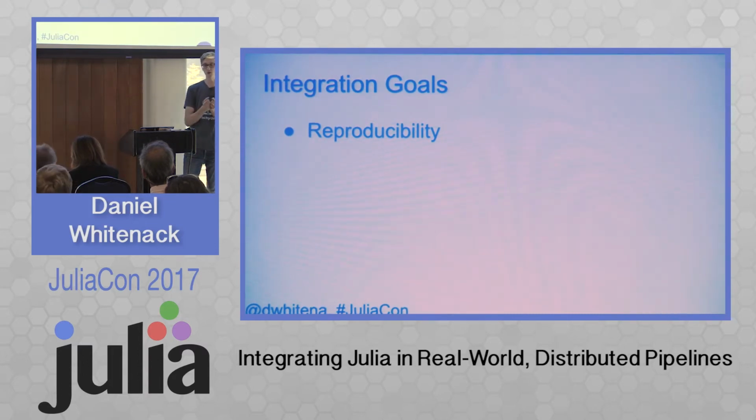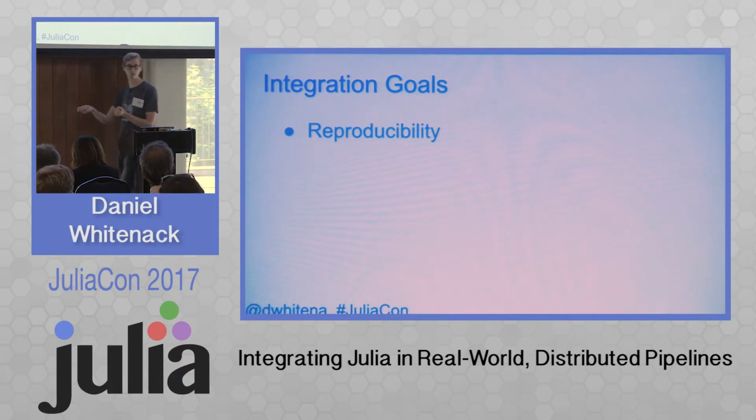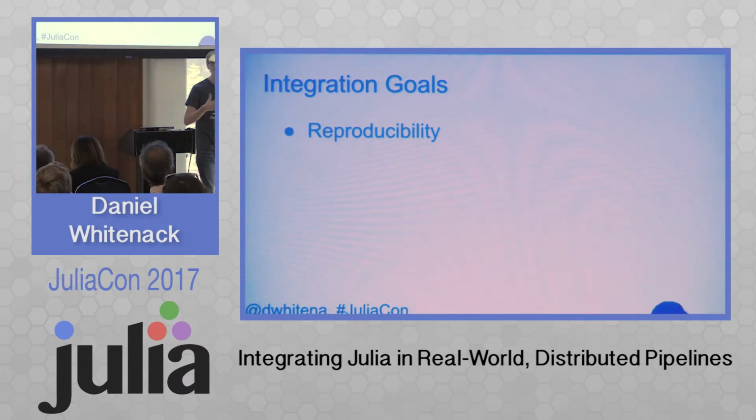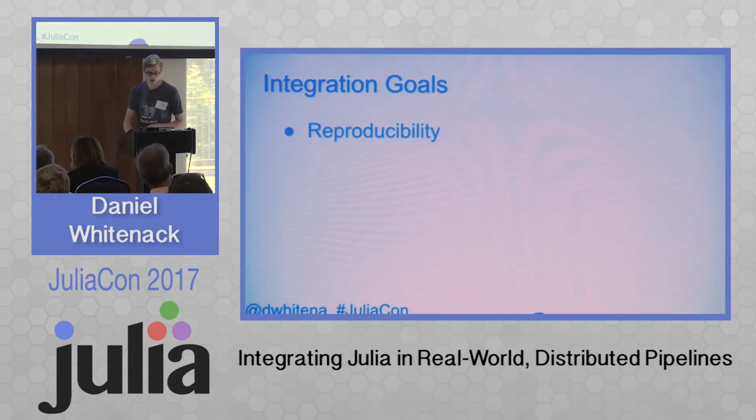Sometimes that means you put in the same data and you get out the same number. That's not always the case if you're dealing with randomness and other things. But we should at least have a grip on how we can reproduce things within an expected range of behavior.